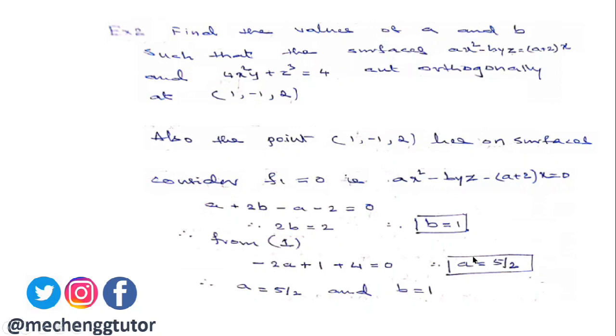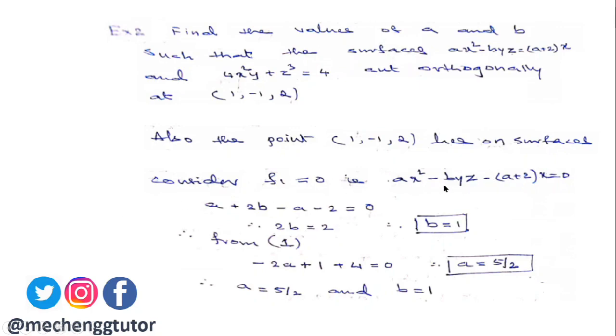So wherever x, y, z are there, here substitute (1, -1, 2). Friends, here I took f1 because there are unknowns in this equation. In f2 also you can substitute and check. This coordinate will satisfy this equation. When you substitute for x, y, z these values, you should get the right hand side value.